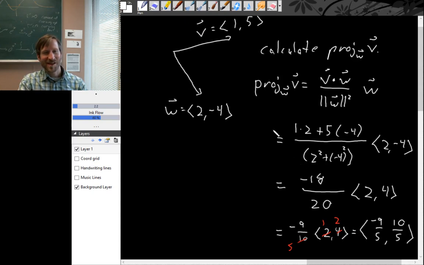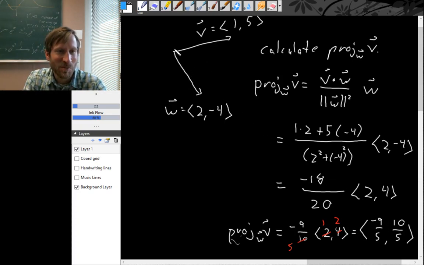Now something seems to be a little bit funny, because this vector that we got, the projection of v onto w, is pointing into the second quadrant because its x-coordinate is negative and its y-coordinate is positive. So in other words, it's pointing that way.